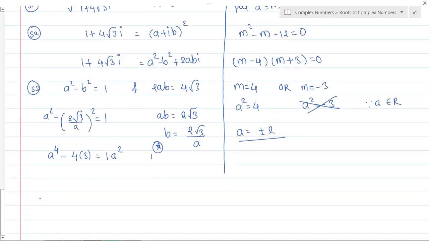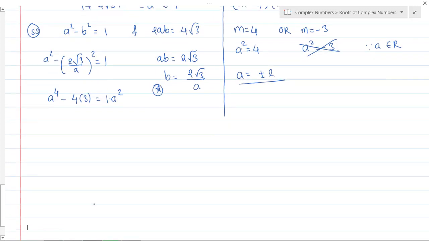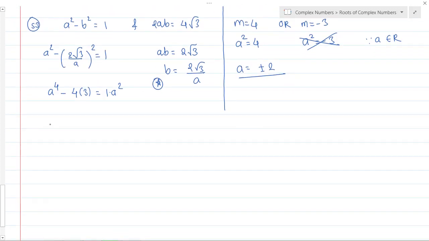Let me write down here. For a = 2, b becomes 2√3 by 2, which gives √3. And for a = −2, b becomes 2√3 upon −2, which equals −√3.